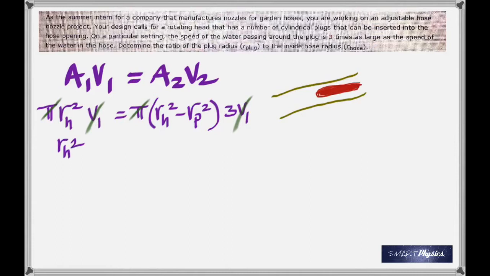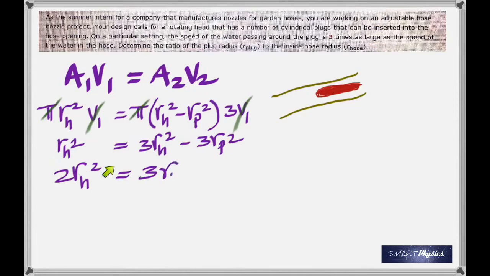Then the V1s get cancelled, the pi's get cancelled, and RH squared is this. Because you have RH squared and 3RH squared here, you can take this to the other side. That makes it 3RH squared minus RH squared, which is 2RH squared, equal to 3rp squared.